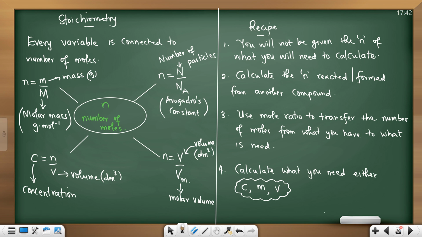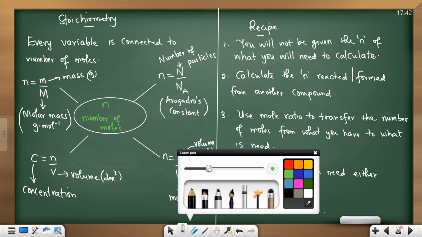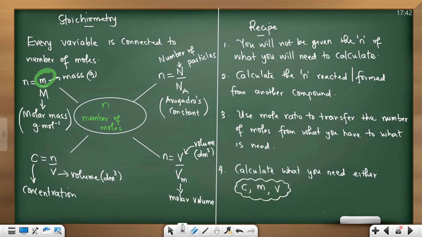There's nothing you are looking for that is not connected to number of moles. So number of moles in the center. We can be told to find mass, concentration, number of particles, or volume. And this is your recipe, whether you're doing acid and base or whatever.